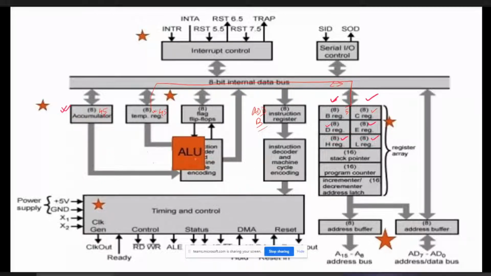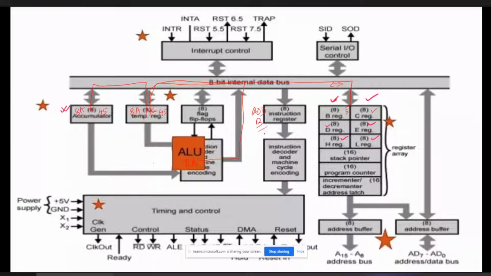So the result will be 8A. Now this 8A will be stored back in the accumulator. Before storing back into the accumulator, this 8A will go to the temporary register, and from the temporary register it will go over here. So 8A will be the final result.